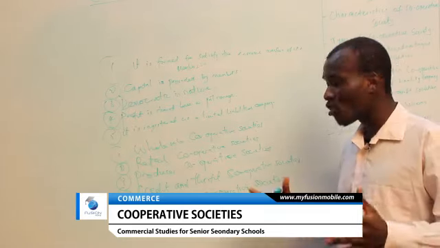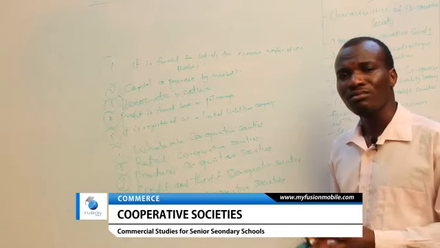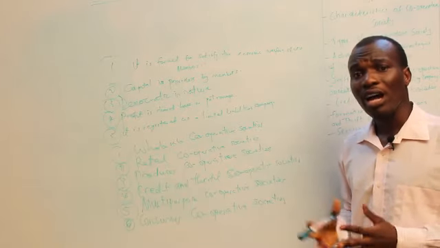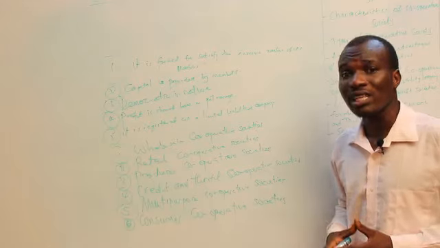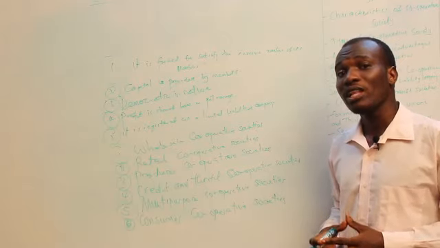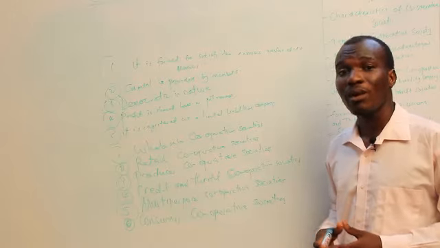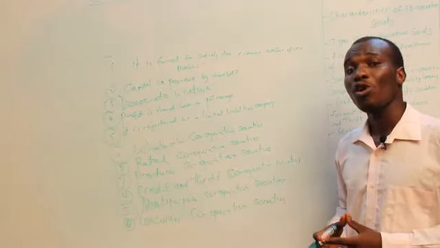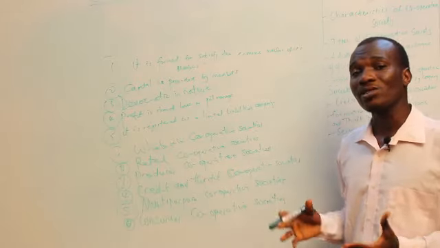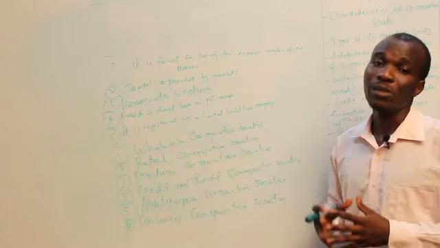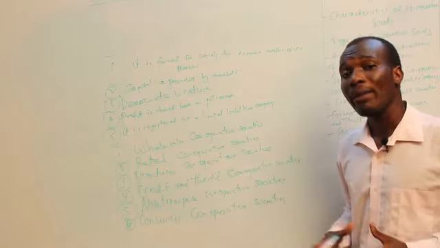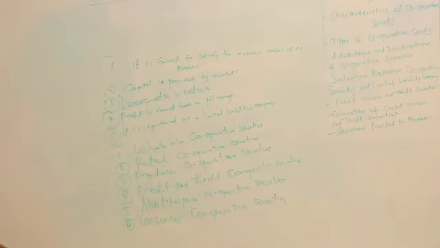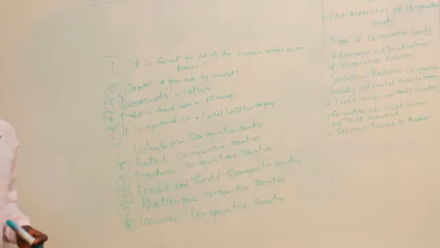Also we talked about the consumer cooperative society, which is formed by a group of consumers to satisfy the interest of its members and ensure that goods are available at a low price, and to bypass the bottleneck or problem posed by middlemen.